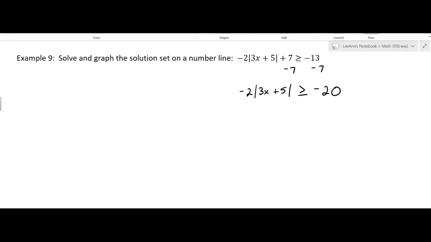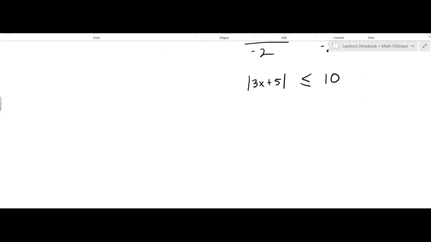Well, that's interesting. I'm going to divide by -2. And I get the absolute value of 3x plus 5, but I have to switch the inequality the other way, is less than 10. Okay, so it was a greater than symbol, but now it's not. So now it's a less than because I divided both sides by a negative.